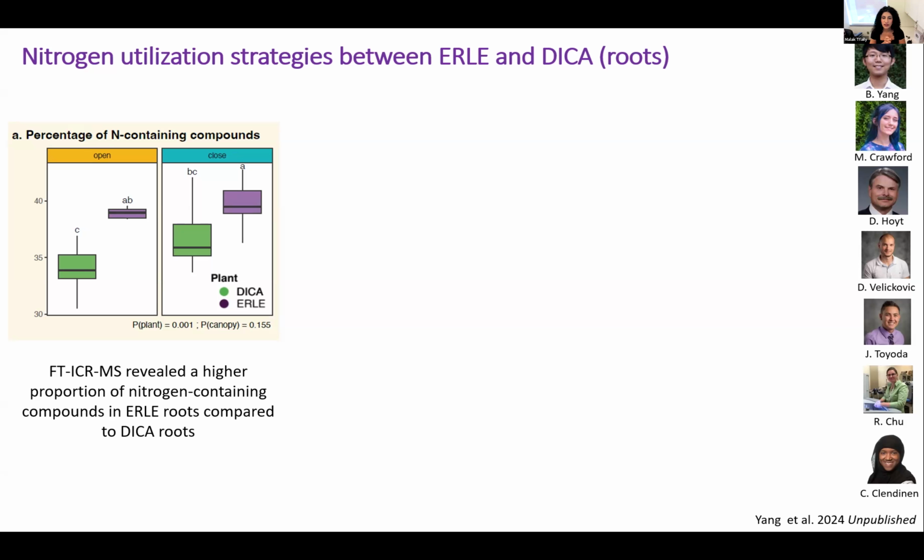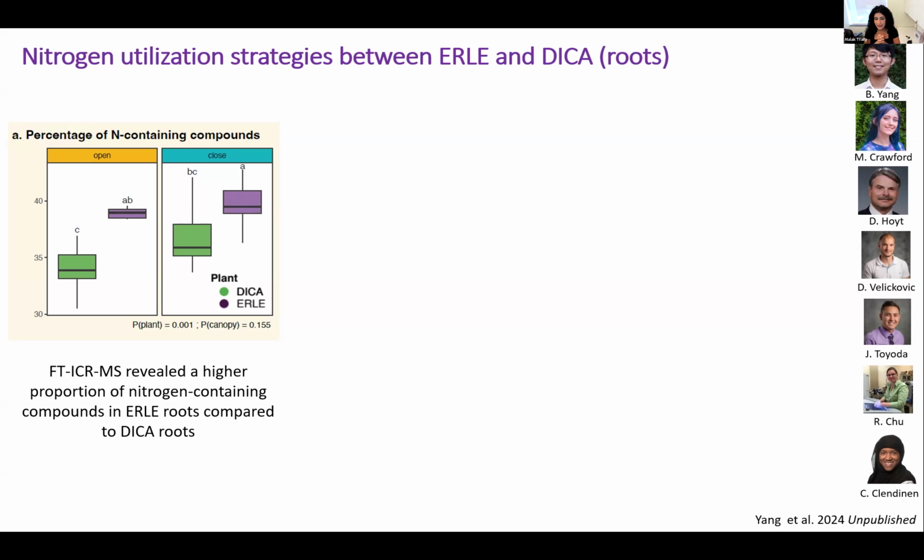So what I'm showing first are the percentage of nitrogen-containing compounds for both the invasive and the native. Again, the invasive is in purple, or ERLE, and the native is DECA. And here I'm using FTICR data, just to look at the overall changes in nitrogen-containing compounds.